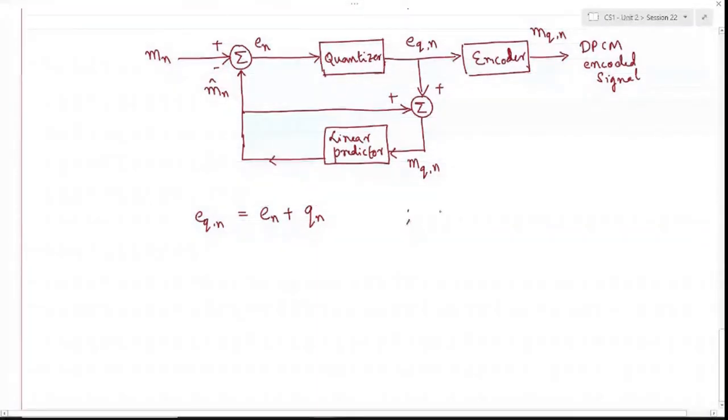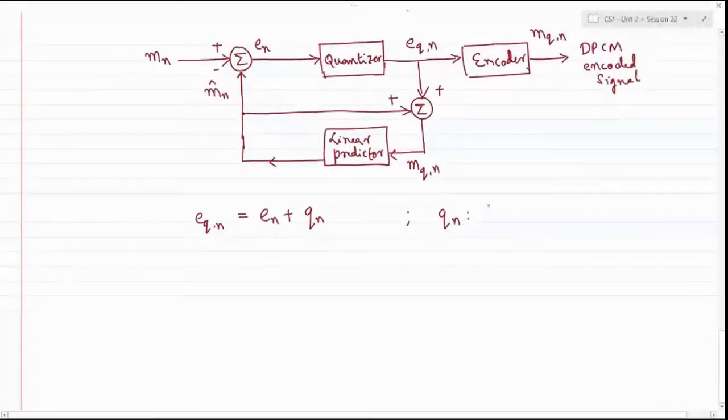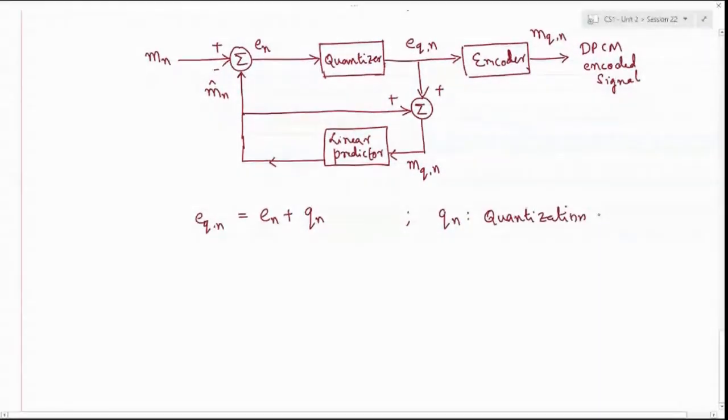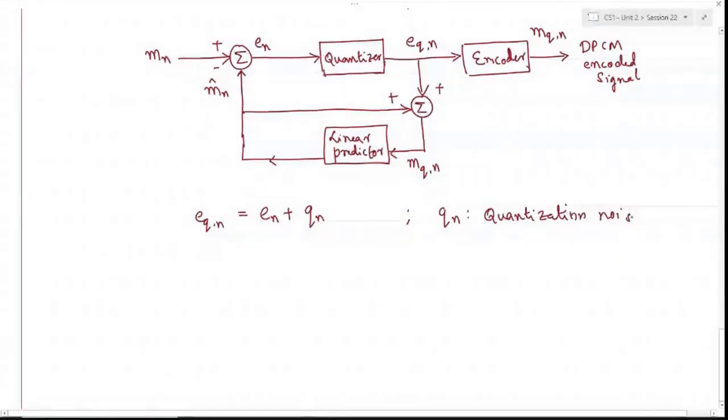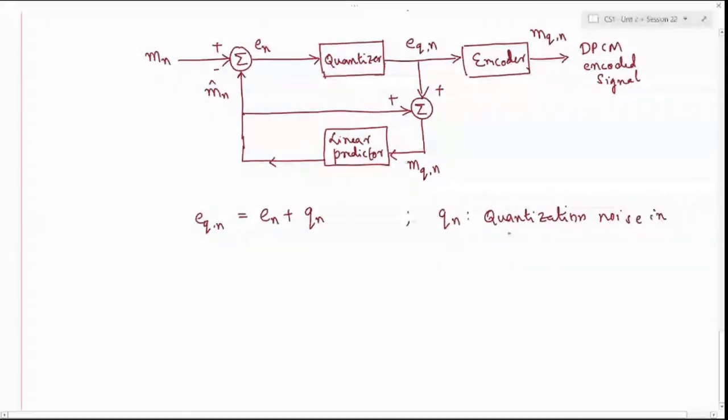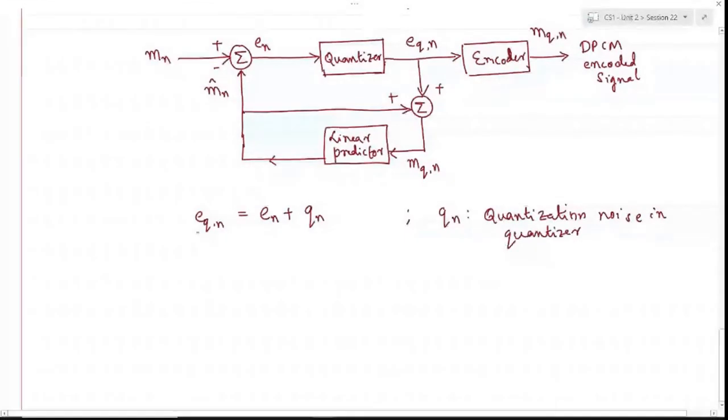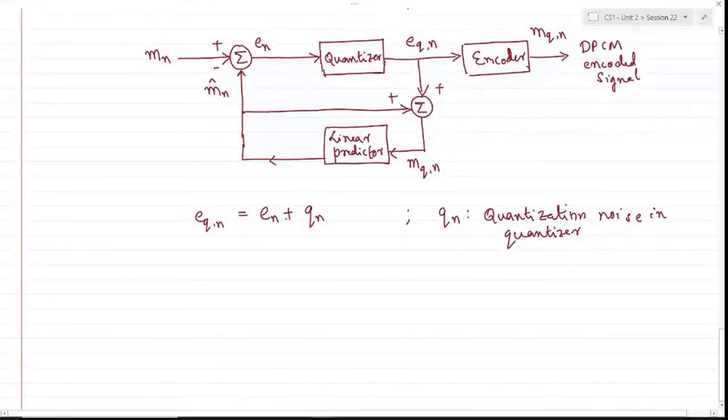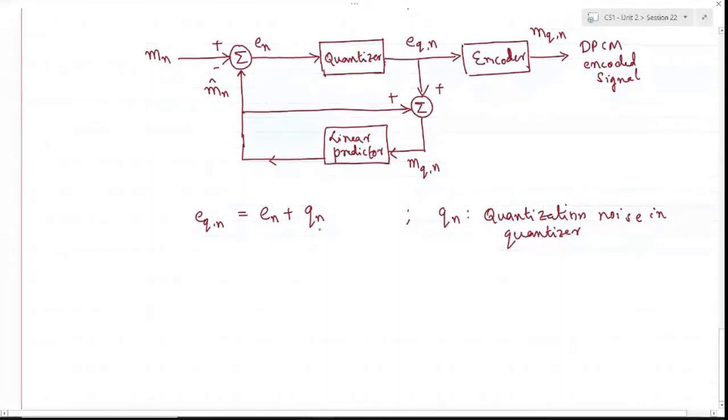So quantization q_n is the quantization noise produced by the quantizer. And this is basically the output of the quantizer, which involves the error due to the prediction and the error due to the quantization process.